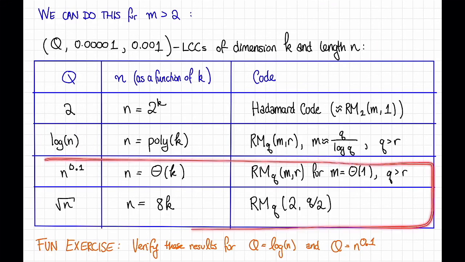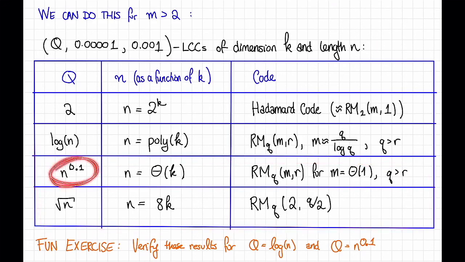For this parameter regime, so the query complexity is some polynomial in n, in fact, it is known that one can do better. That is, we can get rate nearly 1, so we can have n equal to k times 1 plus epsilon for some tiny epsilon, and still get away with query complexity q that is like n to the point 1, or n to the point 001, or n to the point 0000001, and so on.